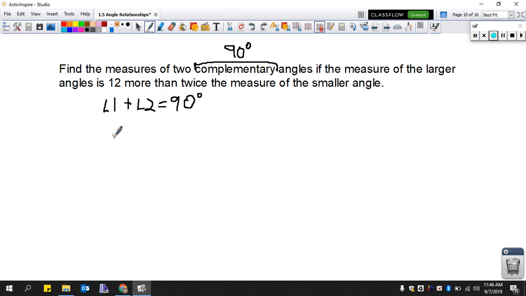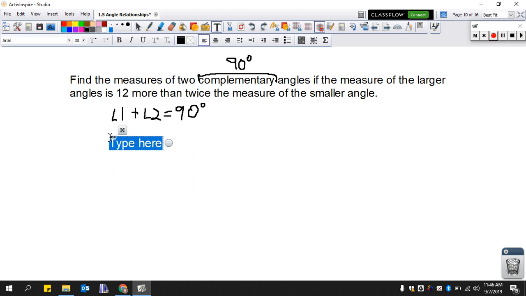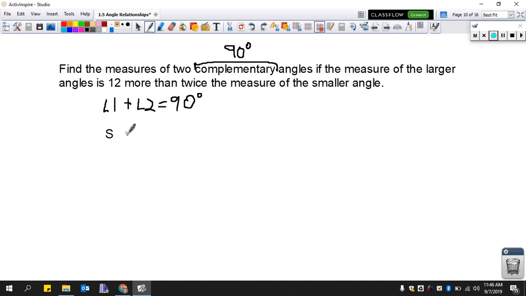I'm going to use the variable S to signify smaller. Okay, I can't draw an S, so I'm just going to type in an S. All right, so that's the smaller S. All right, so I'm going to say the smaller angle plus the larger angle is going to equal up to 90 degrees.